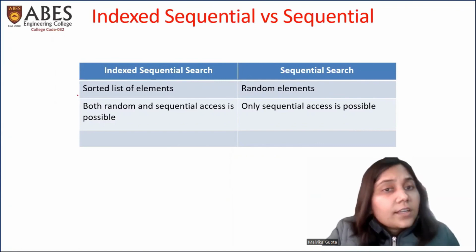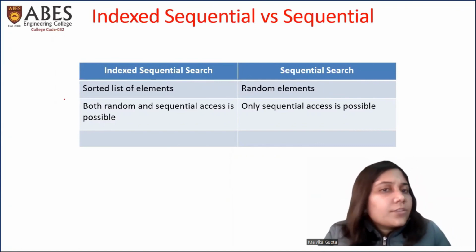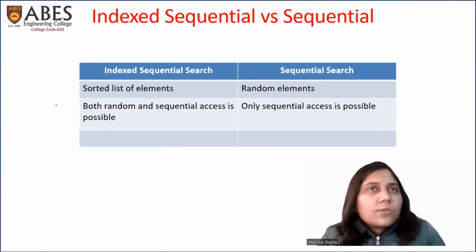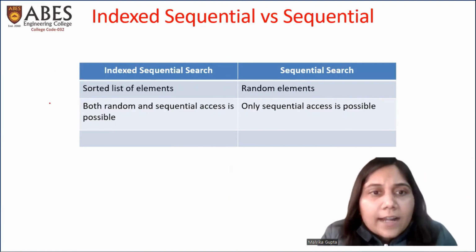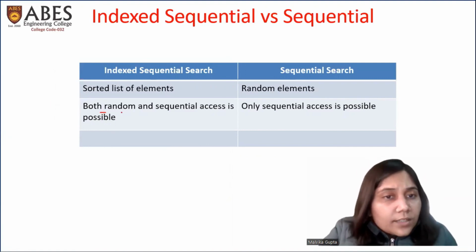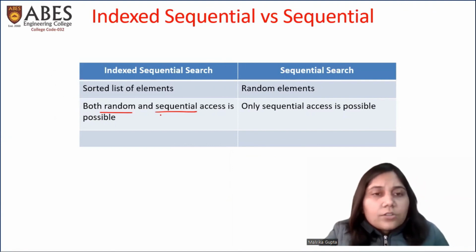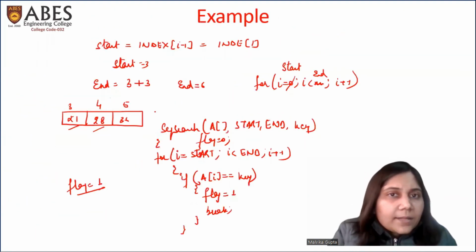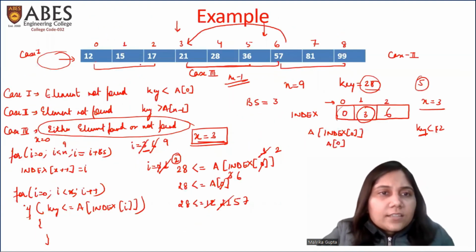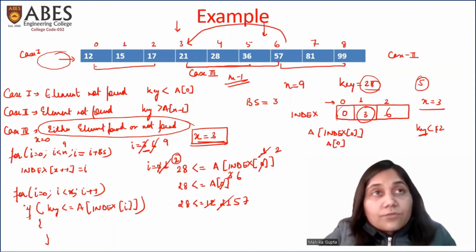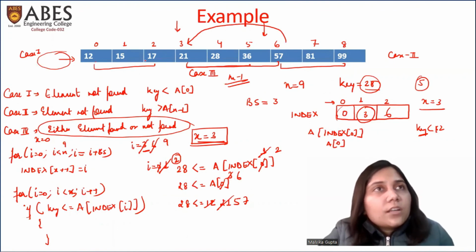First of all, as we know, in index sequential search we only require a sorted list of elements, and in the sequential search we can have random elements. In this, both random and sequential access is allowed. You have seen how the random access has been done. You can see that we have just made the indices from there. So from that index, we are not supposed to go for the sequential one.